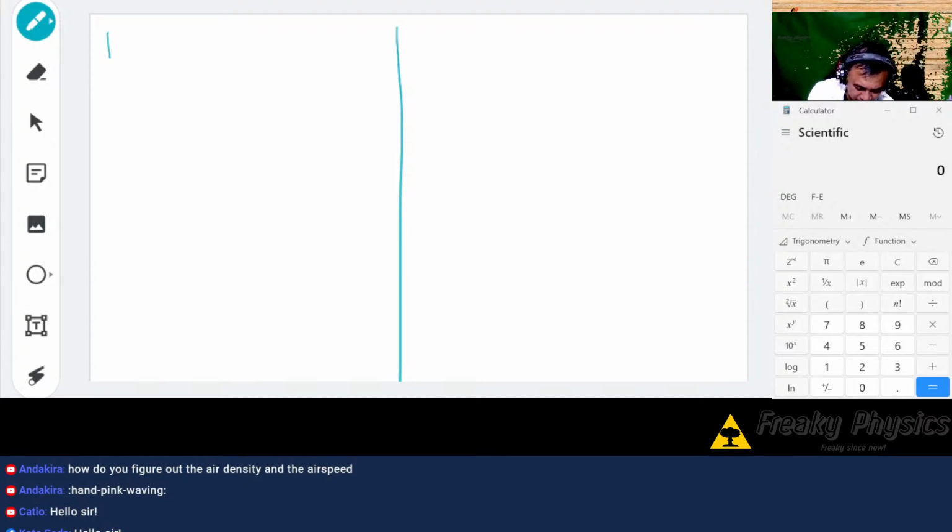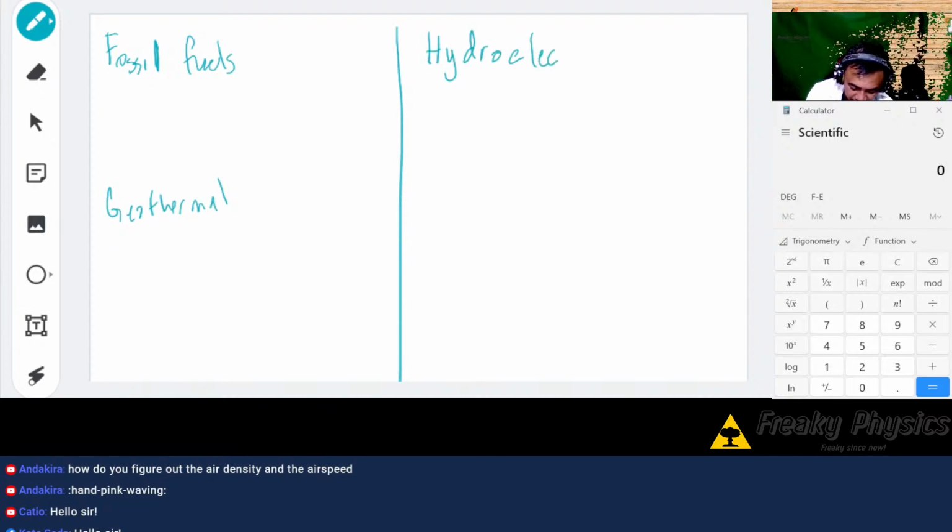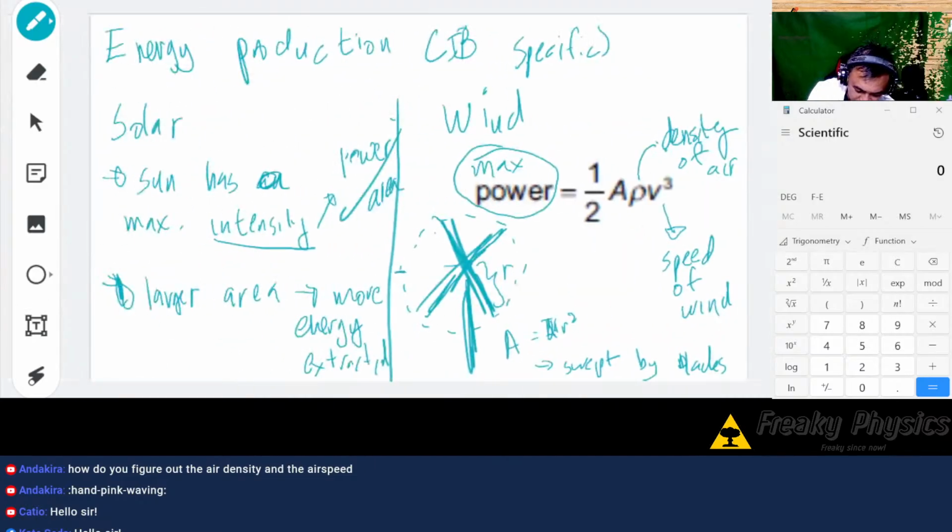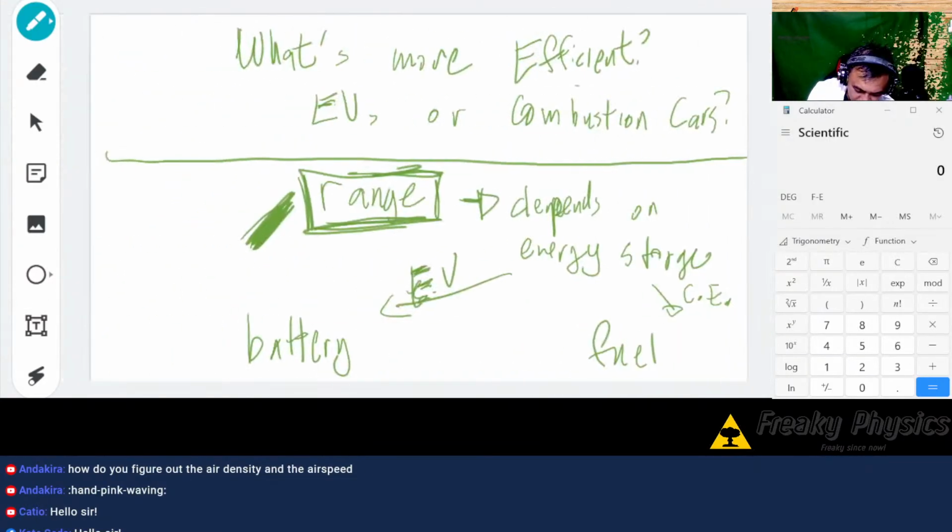The last one would be fossil fuels. We have geothermal, right? Oh, we have one more. I forgot, we have the hydroelectric. It's not in the data booklet, but you can actually learn about this later. Hydroelectric, fossil fuels, geothermal. What was the other one I missed? Solar, wind.